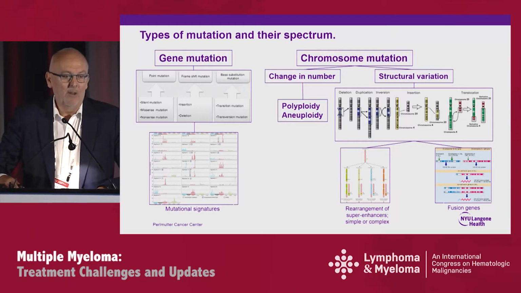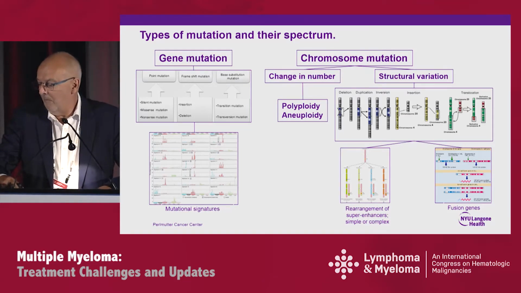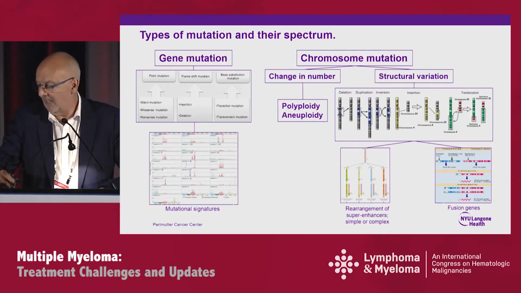In order to get to the bottom of this talk, there's some basic molecular biology that needs to be understood about the nature and types of mutation that exist. On the left, there are gene mutations: single nucleotide variants, insertions, deletions, microdeletions.